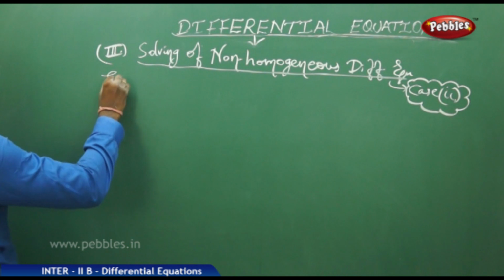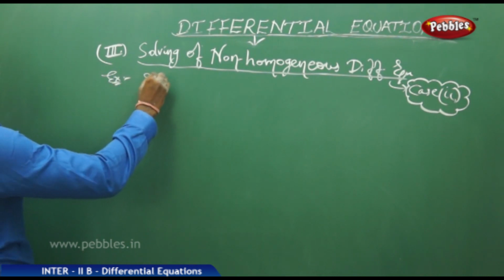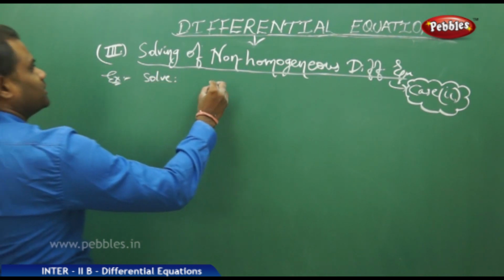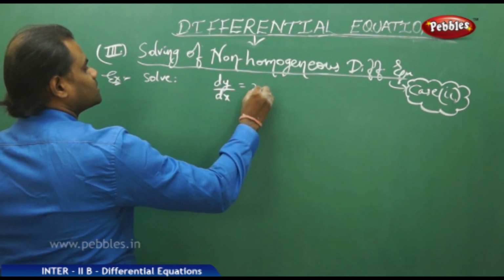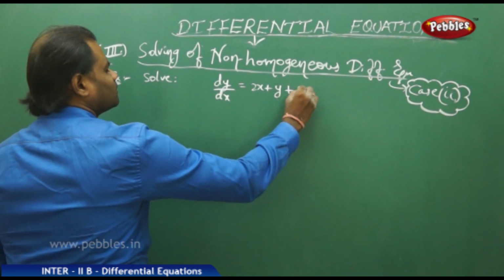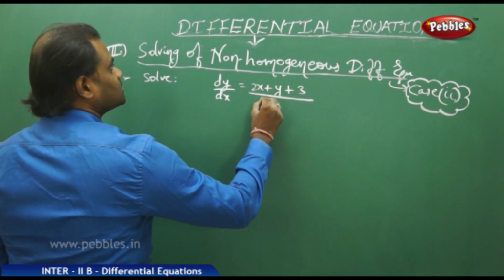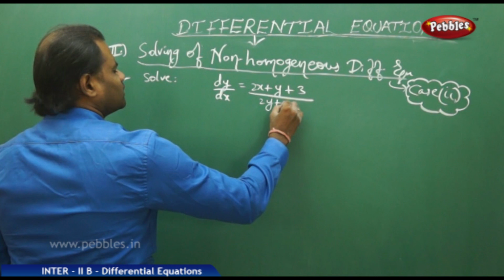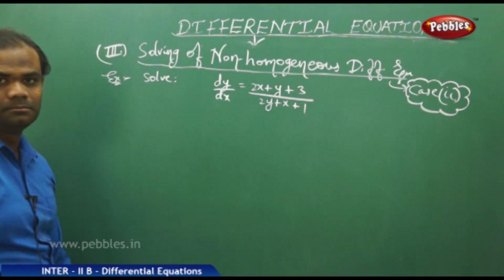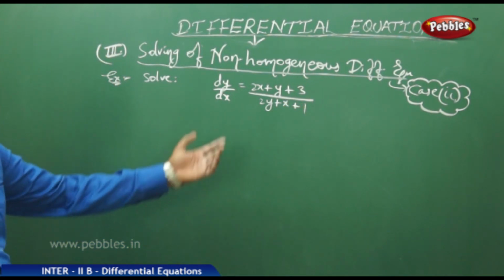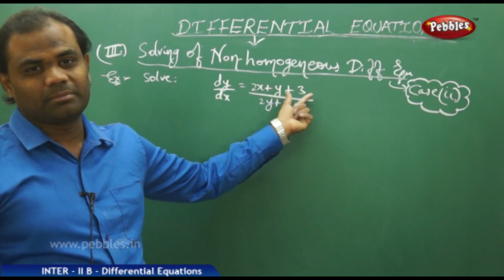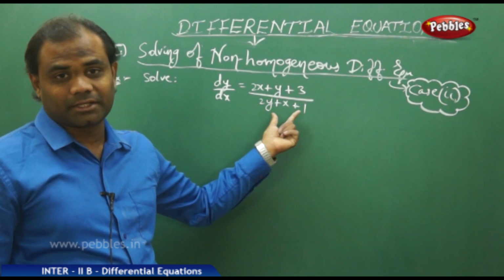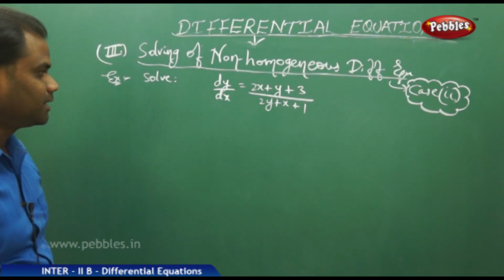For example, I wanted to solve the differential equation dy by dx equals 2x plus y plus 3 by x plus 2y plus 1. Then this is clearly a non-homogeneous differential equation in the form ax plus by plus c by a dash x plus b dash y plus c dash.